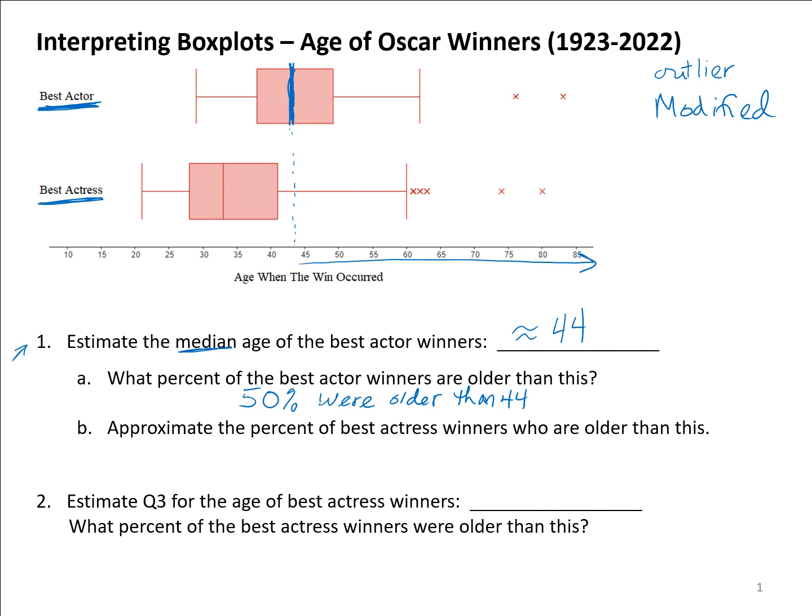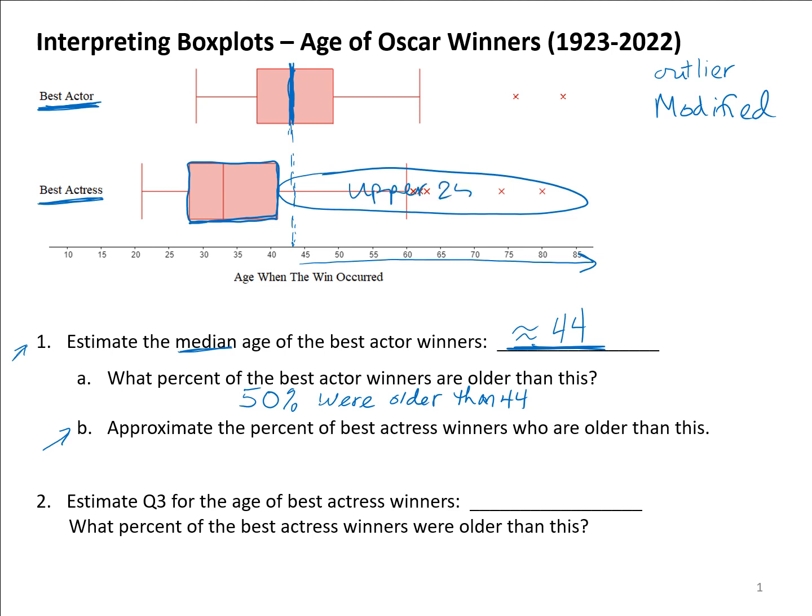All right, let's take a look at the next question. Approximate the percentage of Best Actress winners that are older than this. So remember, we were talking about 44. So if we think about Best Actress winners, and we look down here, what percentage of actress winners are older than this? Well, think about where we are related to the Best Actress category. We're above the entire box when we're at 44 years of age. So that means we're in the upper 25% of the data.